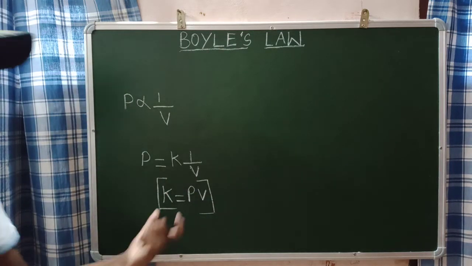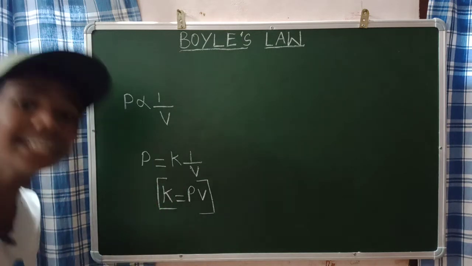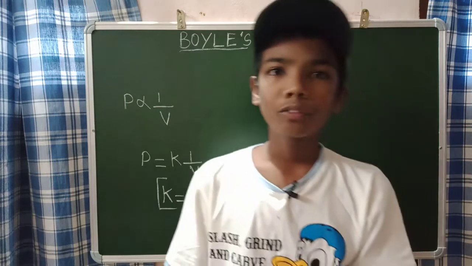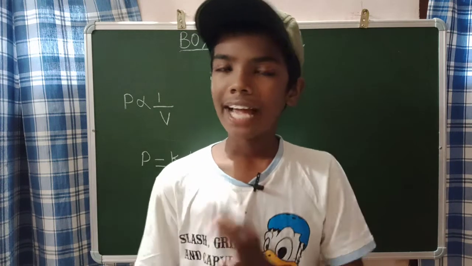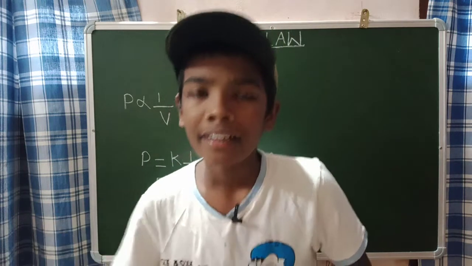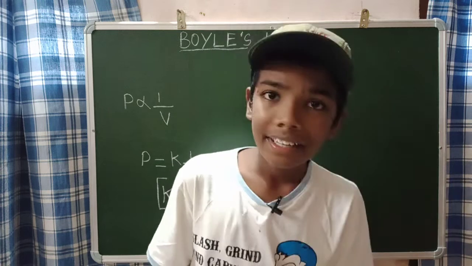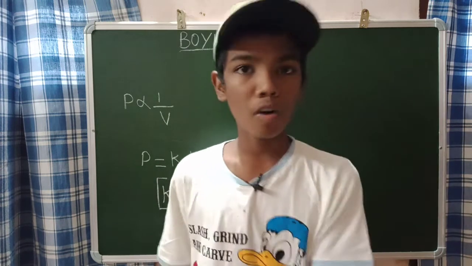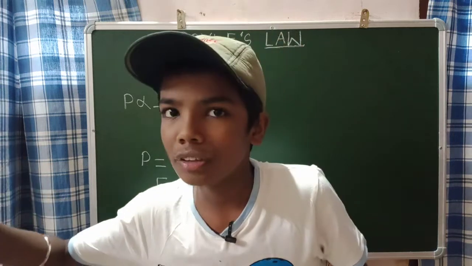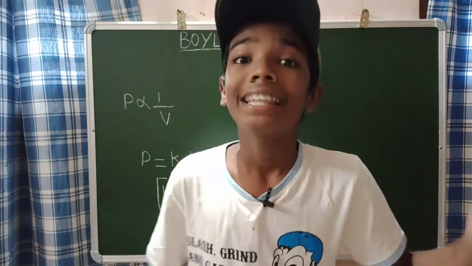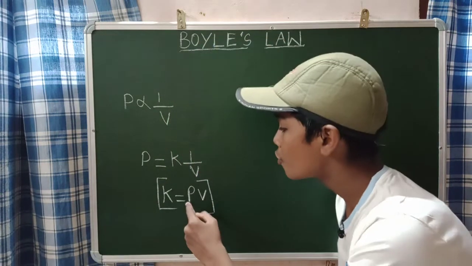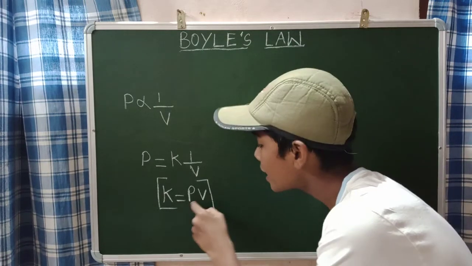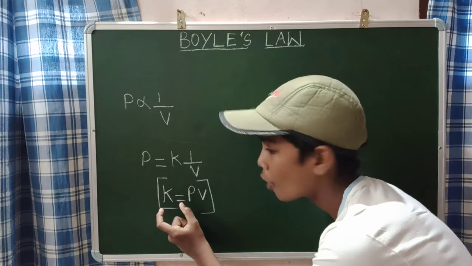And guys, from this relationship, you would say that for any ideal gas which has constant temperature and is a fixed amount of gas, fixed amount of gas means fixed number of moles, then the product of your pressure and volume will be a constant, which is your Boyle's constant.